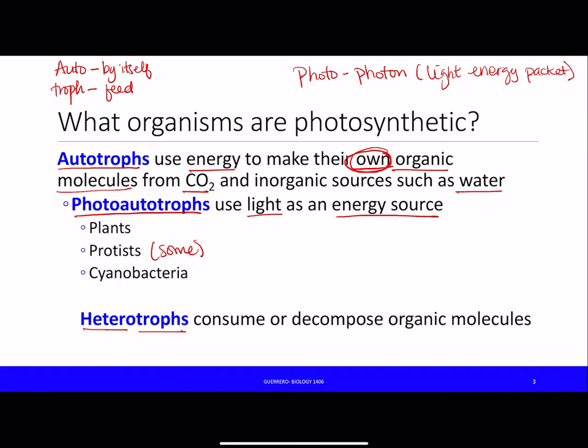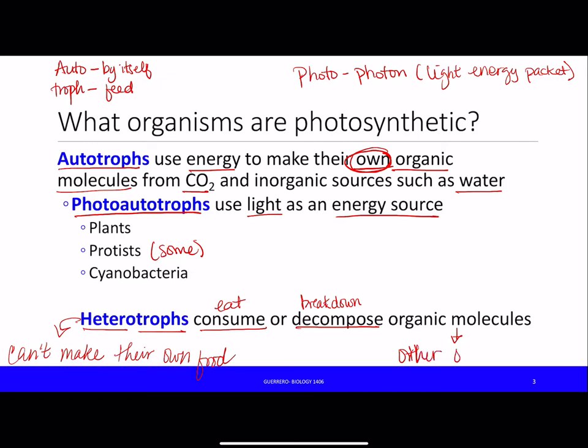Heterotrophs can't make their own food. Okay, they can't make their own food. They have to eat something else. So they consume, so eat, or they can break down or decompose organic molecules, and those organic molecules are going to come from other organisms.